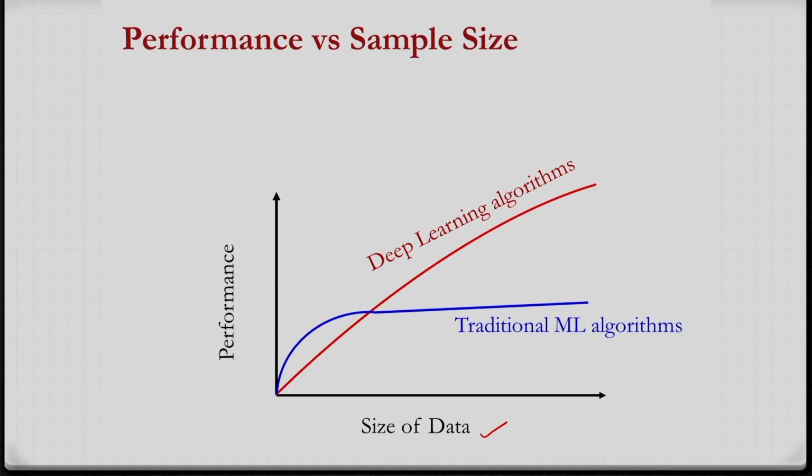But if a small amount of training samples are available, then the traditional machine learning algorithms will be sufficient for a particular pattern classification problem or pattern recognition problem. So you can see the performance versus sample size.